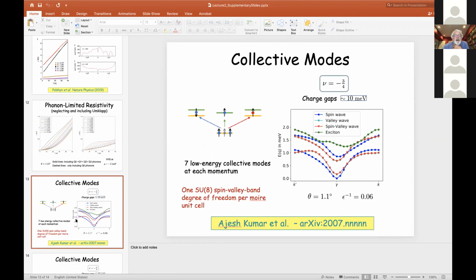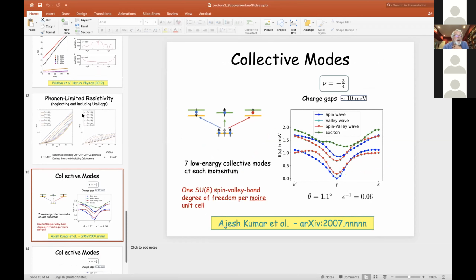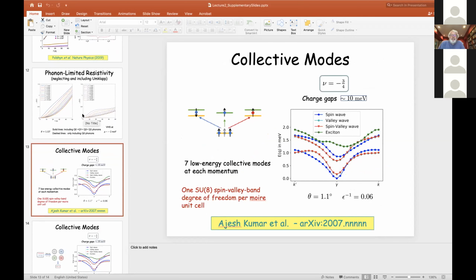And I'm just going to end with a speculation. The speculation is that maybe these collective modes I'm showing in this plot are what is producing the large linear in T resistivity. So what are these collective modes?